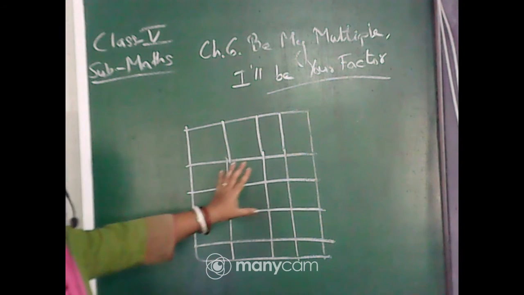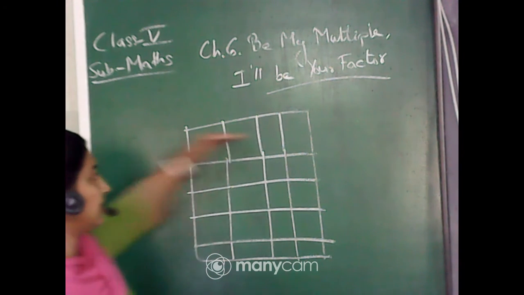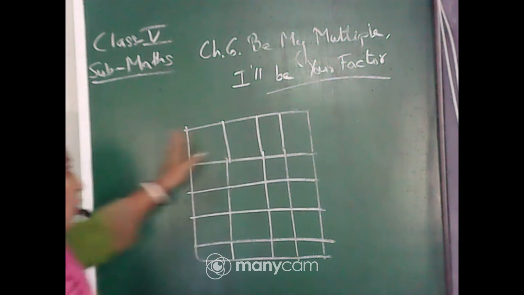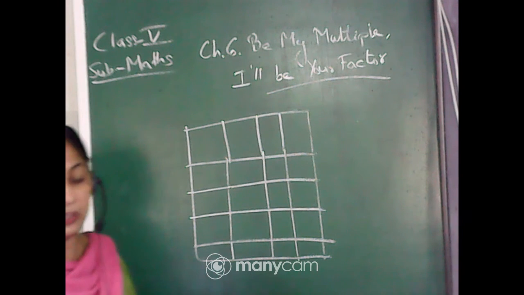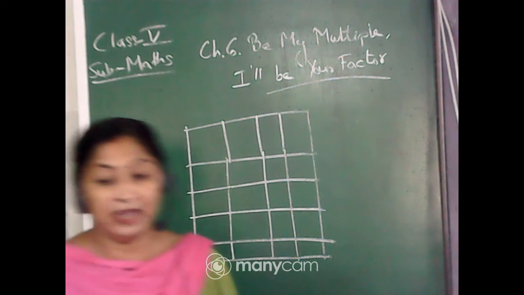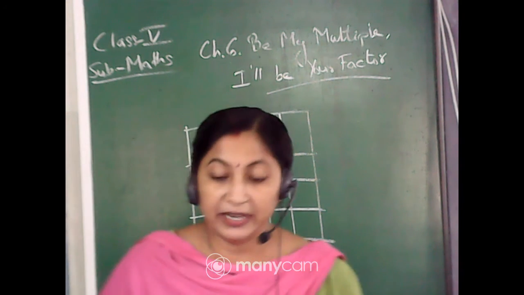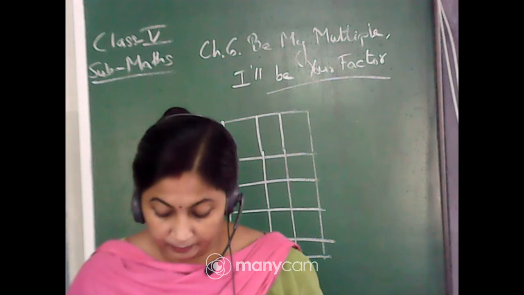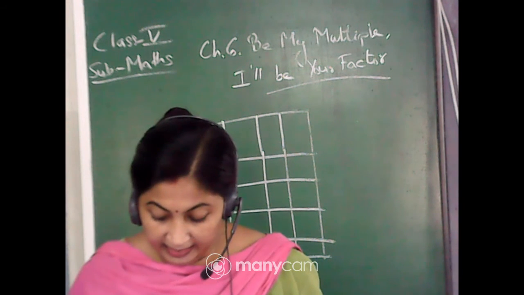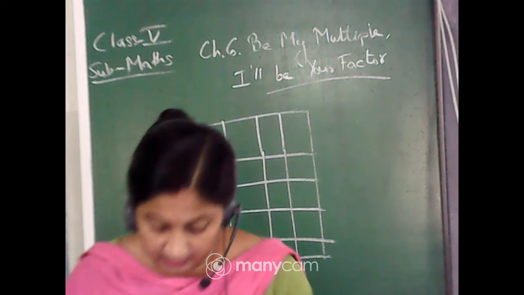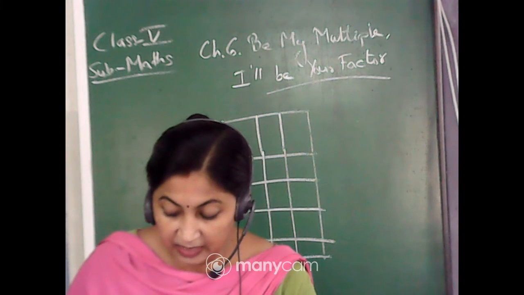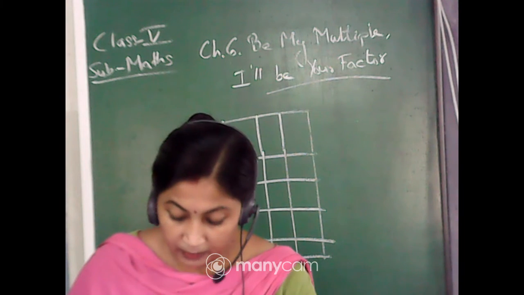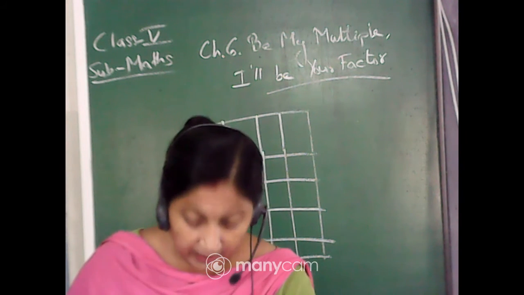Similarly, the opposite: horizontally we are taking 5 boxes and vertically we are taking 4 boxes. So this way you can color the rectangle in the grid given in the book. Now come to page number 94.